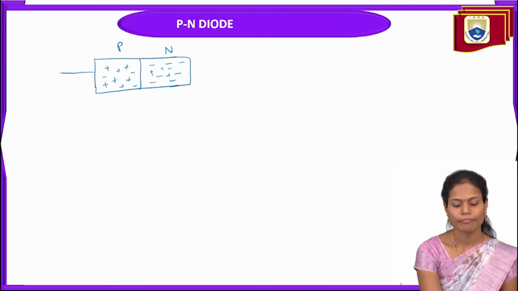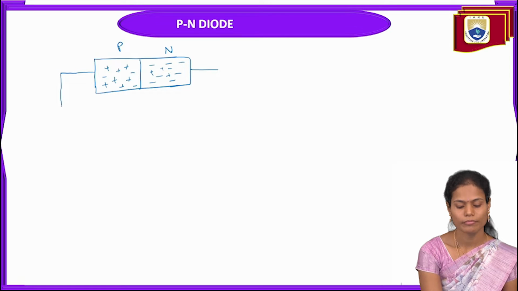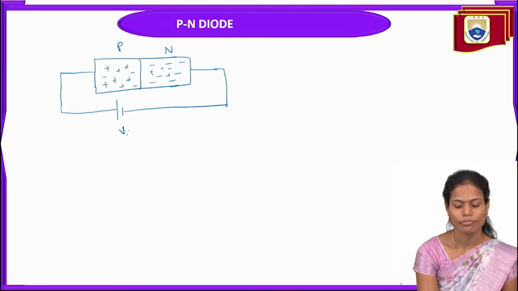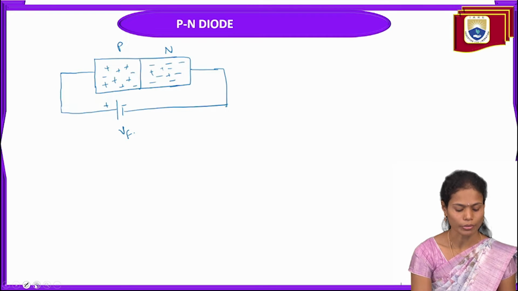When we add the source, positive terminal to the P type material and negative terminal to the N type material, it is the VF voltage, or forward voltage, we are applying to the diode.